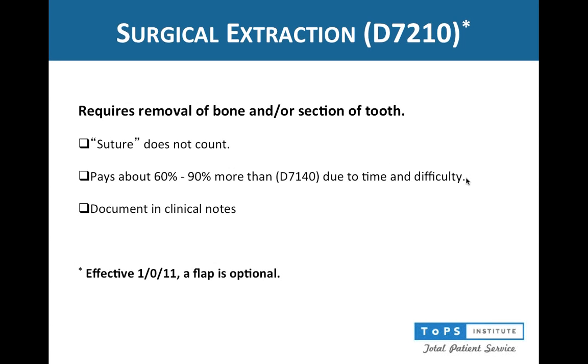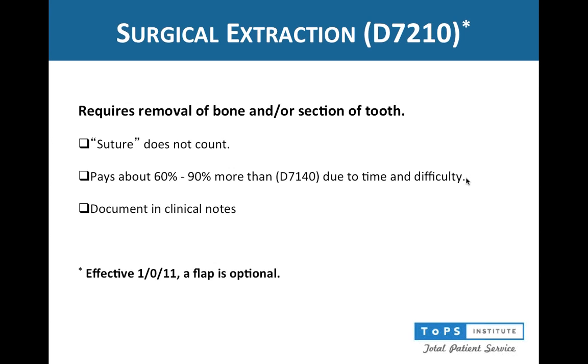One of the big red flags that we're hearing and seeing a lot of is the surgical extractions. The 7210 has been used in situations where it's really not a surgical extraction. You know, it pays about 60 to 90% more than the 7140. And so often if it's a little more complicated extraction, that code's been used.